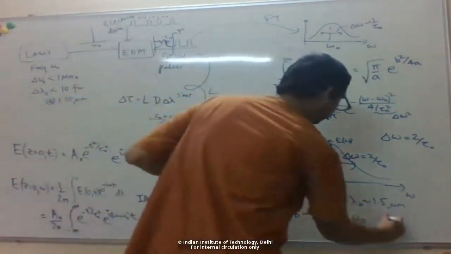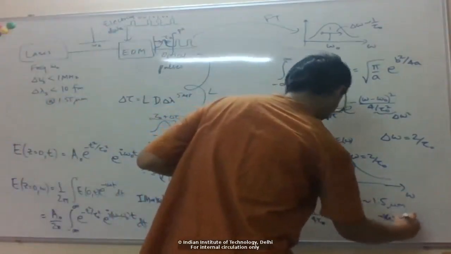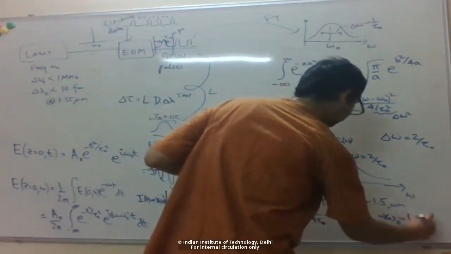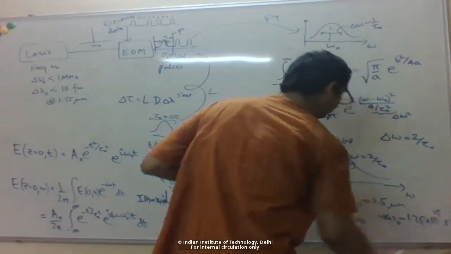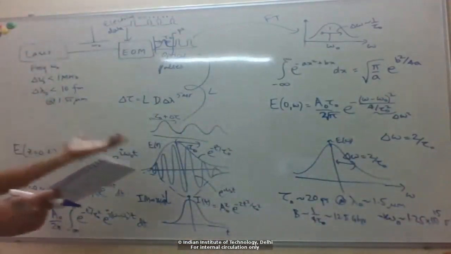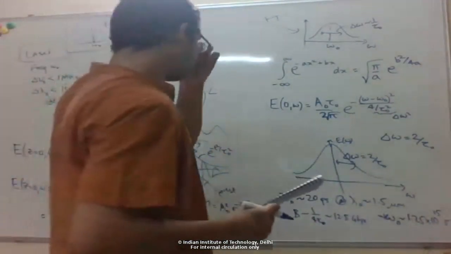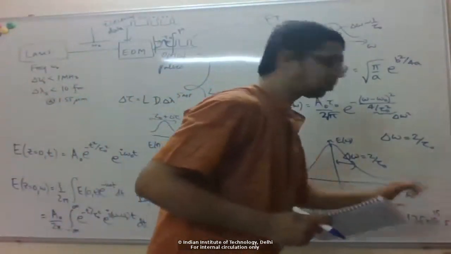Okay, so for this wavelength omega naught is about 10 to the 15 radians per second. In this telecom wavelength range, or near infrared wavelength range, typically the omega naught will be 10 to the 15.